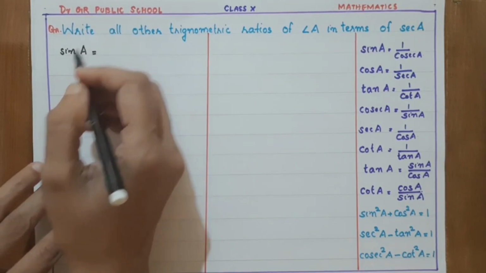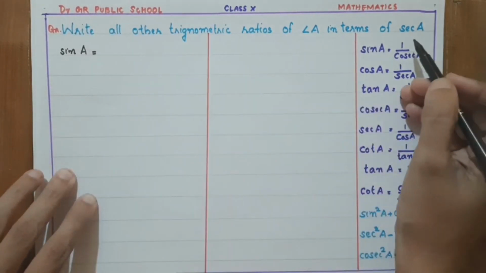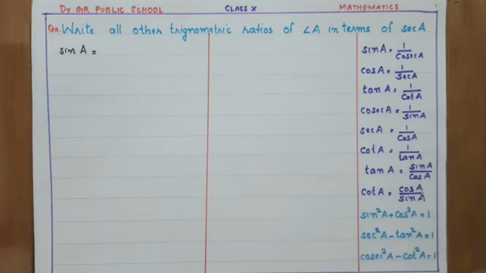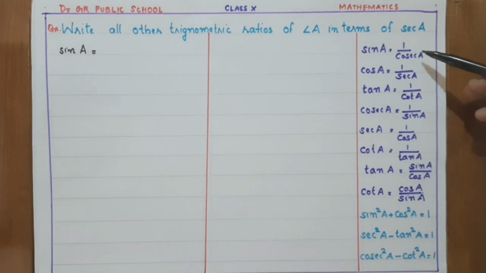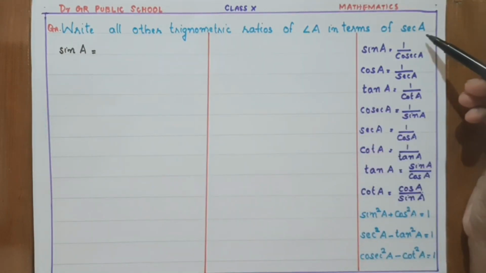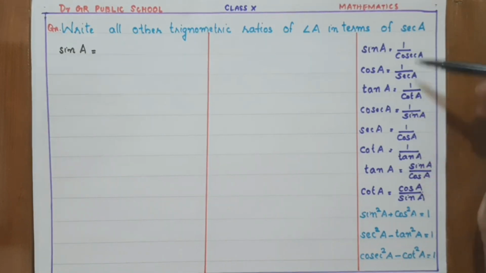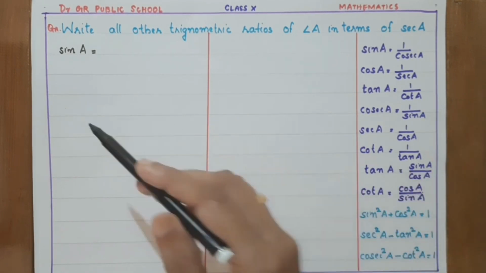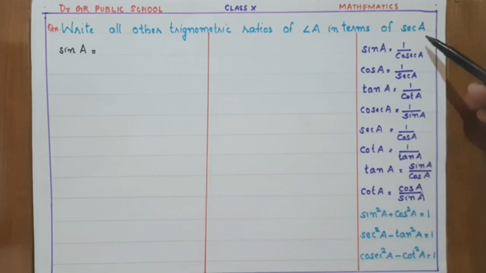We have to write the sine ratio in terms of sec A. So just go through all these relationships. Which one will be easy for us to convert the sine ratio to the sec ratio?